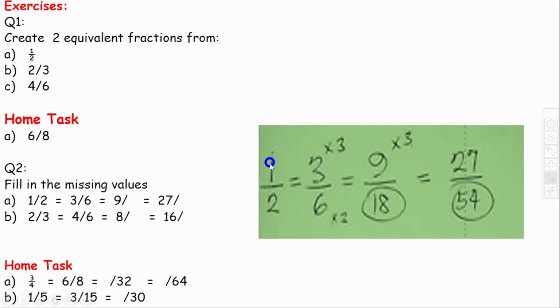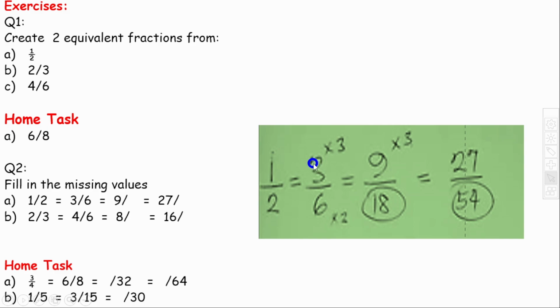What would we multiply with 1 to give us 3? So what we are going to do is find out what number we multiplied by 3 to give us 9.